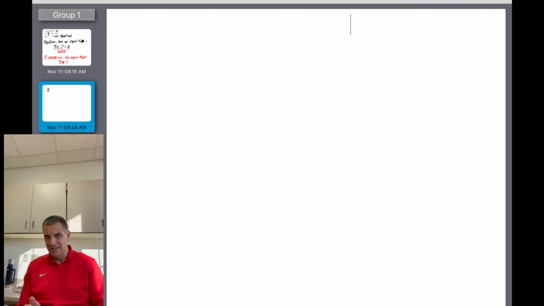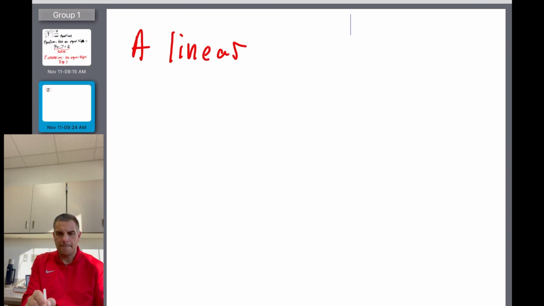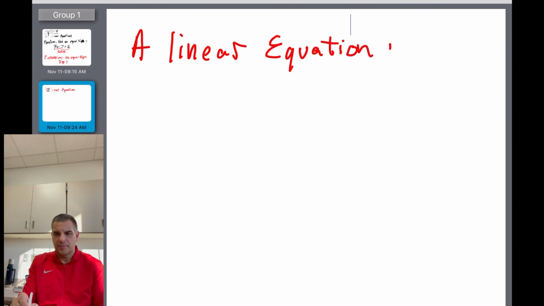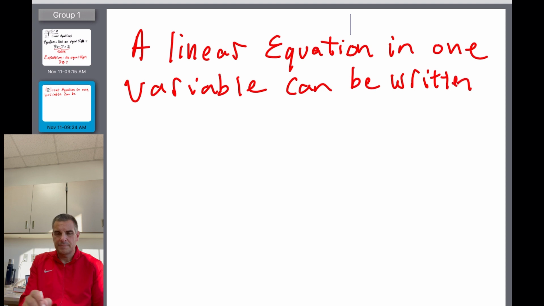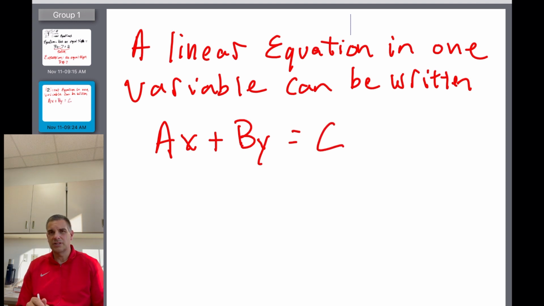Okay, so then how do we know if an expression then is linear or not? Well, linear means line. So a linear equation in one variable can be written ax plus by equals c.